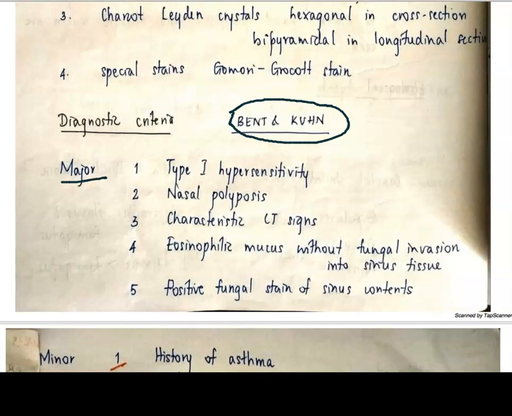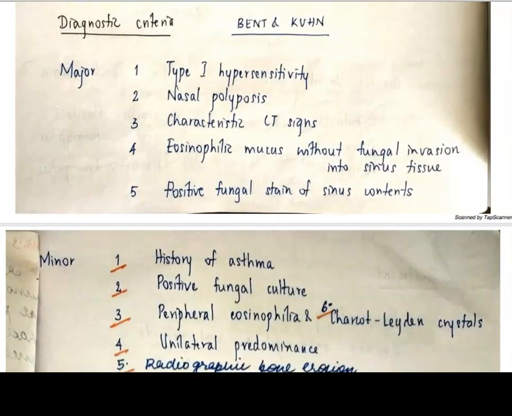In major criteria there are 5 points: type 1 hypersensitivity, nasal polyposis, characteristic CT signs, eosinophilic mucus without fungal invasion into the sinus tissue, and positive fungal stains of sinus contents.